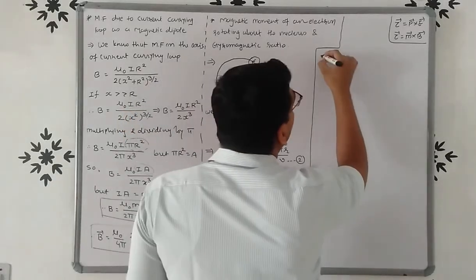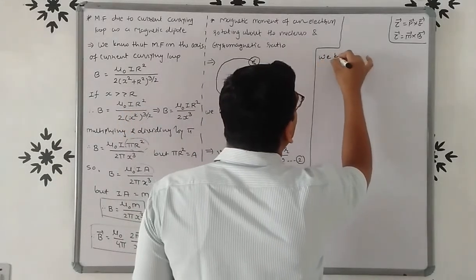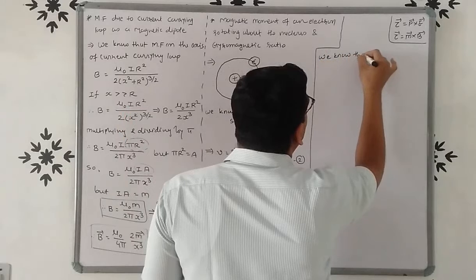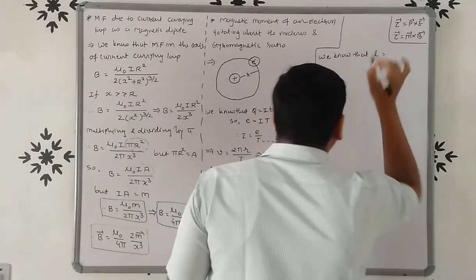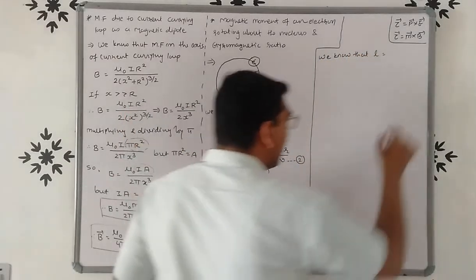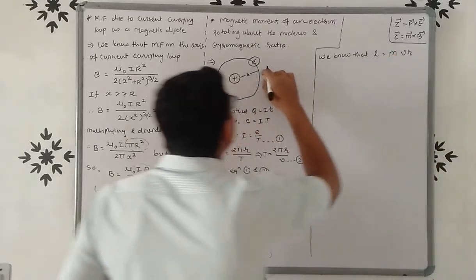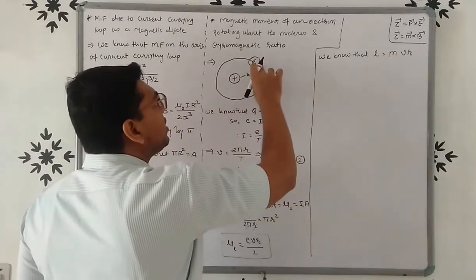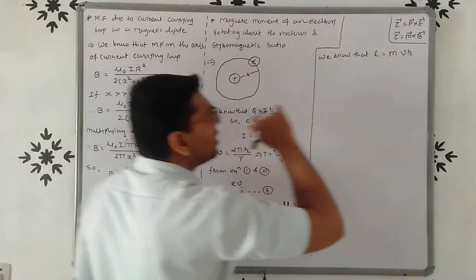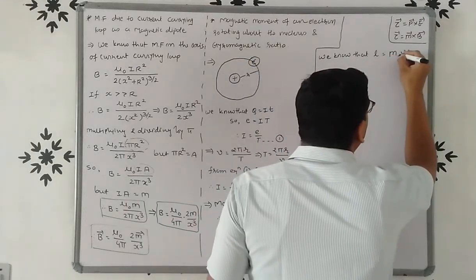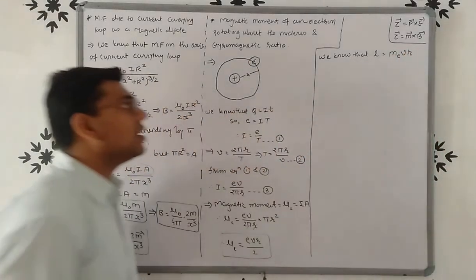So we know that angular momentum L is equal to mvr. But here the electron is rotating about the nucleus, so instead of m we have to write m e, right?